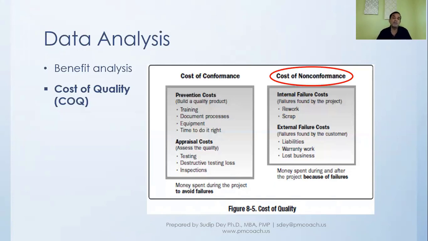And finally, if the customer is not happy because they found errors and failures in what you're providing, then you will lose business. Not only do you lose business with this customer, you will also lose other potential customers. So external failure costs can be much more costly.